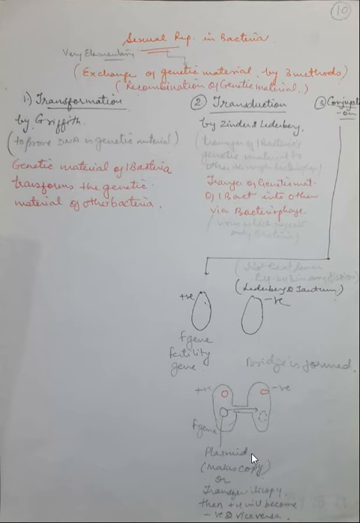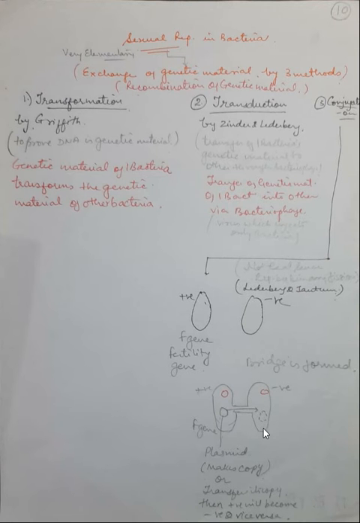There are two ways by which this plasmid can be transferred to the negative strain. It can either be transferred directly, or a copy of the plasmid is made and that copy is transferred. So the original remains here, and the new copy is transferred to the negative strain.